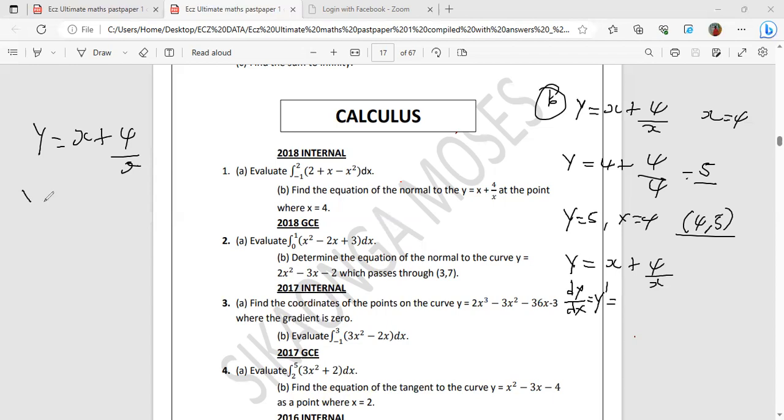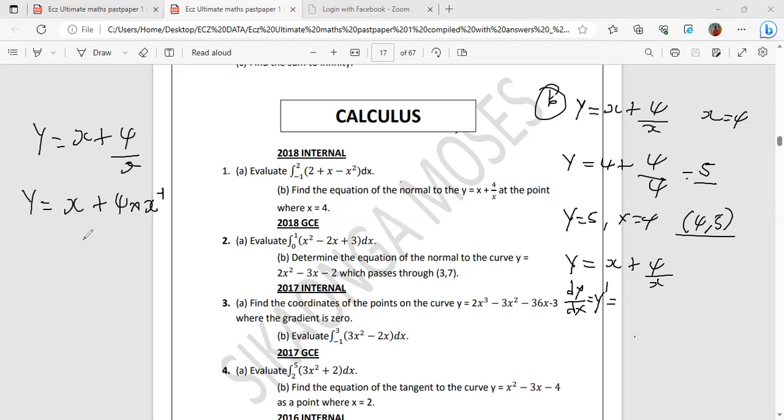So we're going to say y is equal to x plus 4, multiplying x to the power negative 1. Now, one might ask, where is the negative 1 coming from?